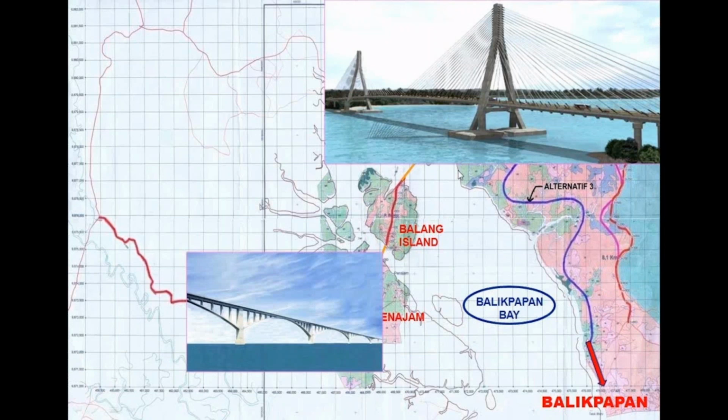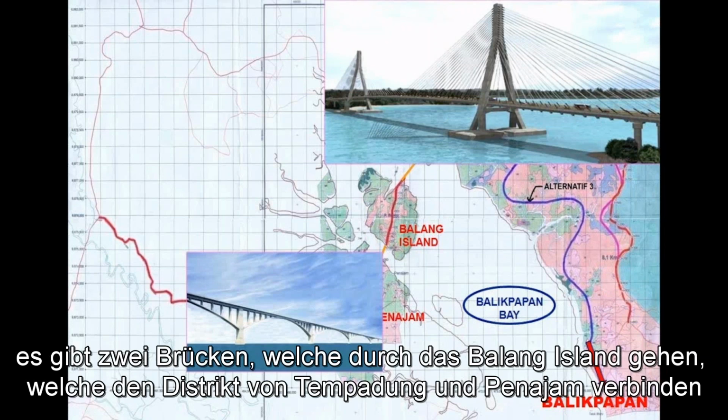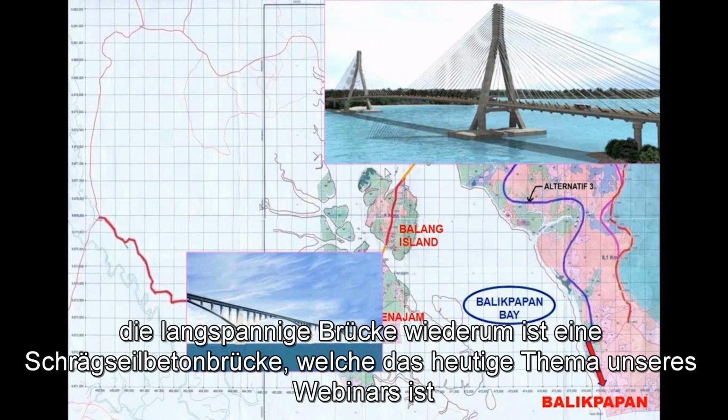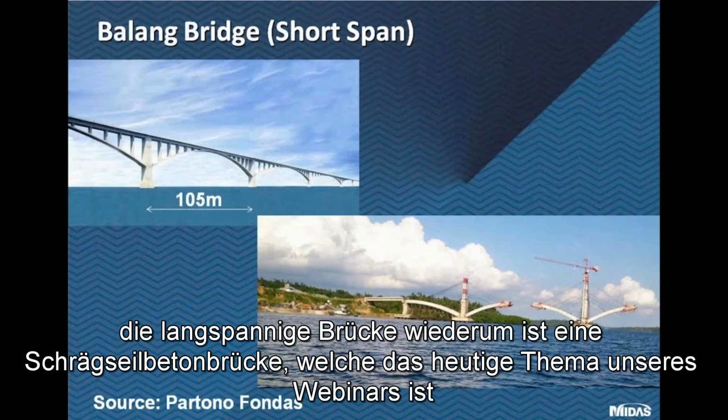In fact, there are two bridges that will go through Balang Island, connecting the districts of Tempadung and Penajam. The short span one was designed as a multi-span concrete arch bridge, while the long span one is a cable-stayed concrete bridge that will be our topic of today's webinar.